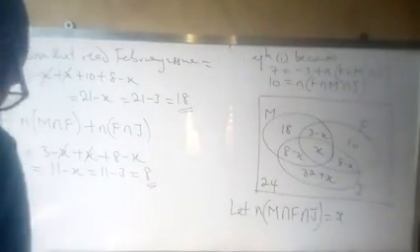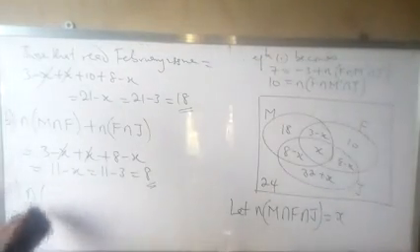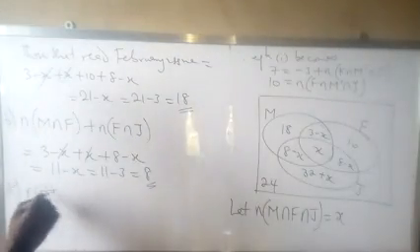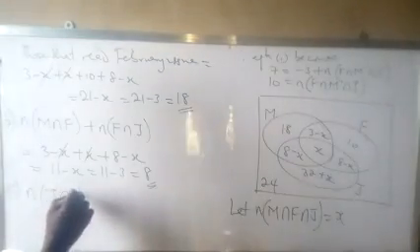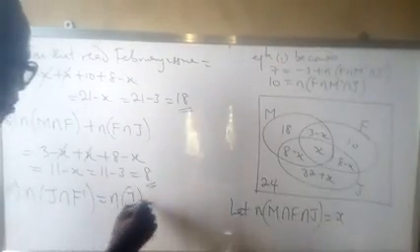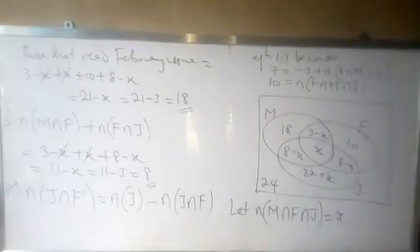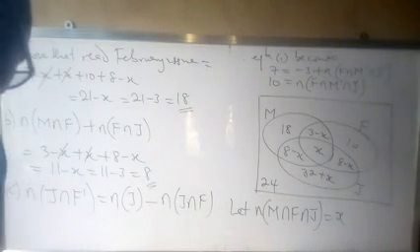Now the next one, how many read the January issue if they did not read the February issue? Now that is the number of those that read the January issue without February. That will be February complement, and that will be the number of January minus the number of those that read January and February. Those that read January altogether, are we given that?